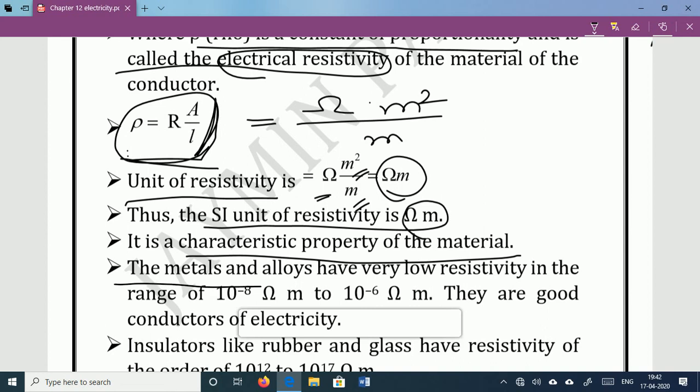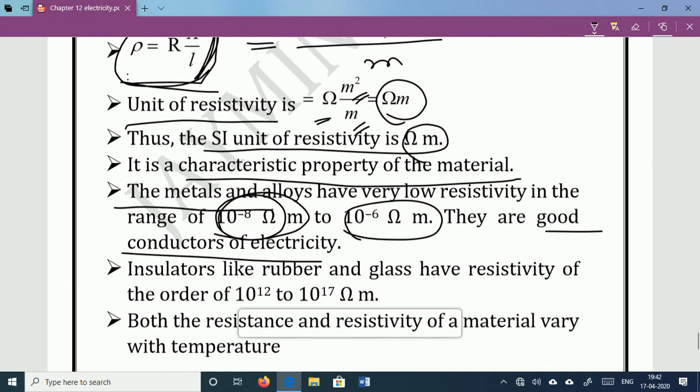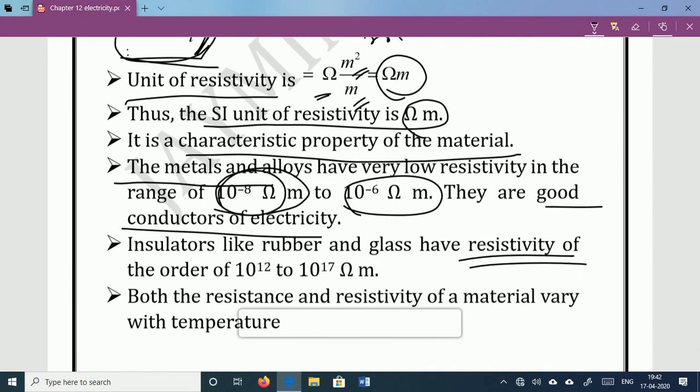Metals and alloys have low resistivity, in the range of 10 raised to minus 8 ohm meter to 10 raised to minus 6 ohm meter, and this type of material is classified as a good conductor of electricity. If the resistivity is too high, in the range of 10 raised to 12 to 10 raised to 17 ohm meter, the material is classified as an insulator.